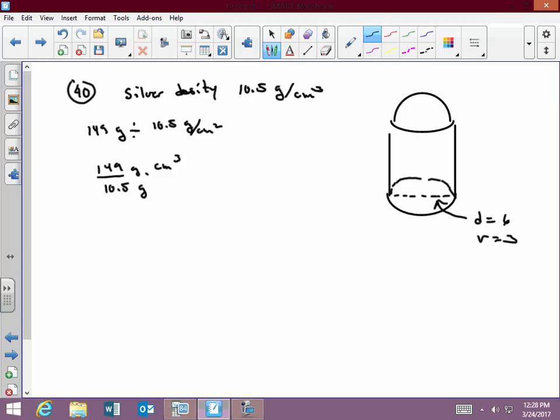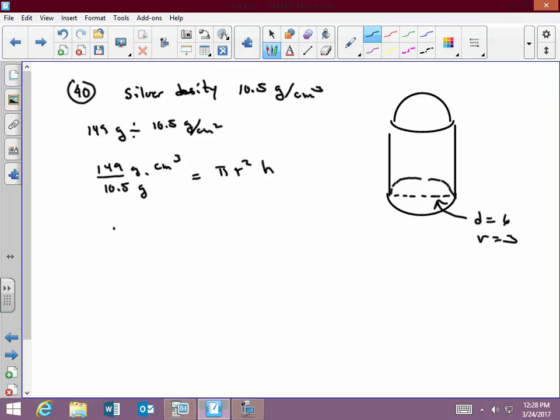So what this should do is the area of the base times the height, so it's pi r squared times h would have to equal that volume, right?